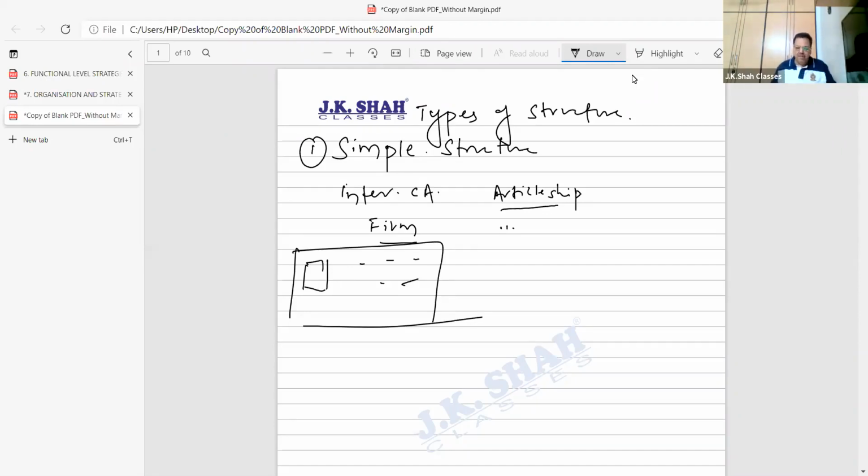And I will say simple structure actually means no structure only. Why no structure? Because beta, in this kind of a system, there is no hierarchy. Be very clear what I'm saying, students. No hierarchy means only one thing: in this form of organization, simple structure, the boss is always right.